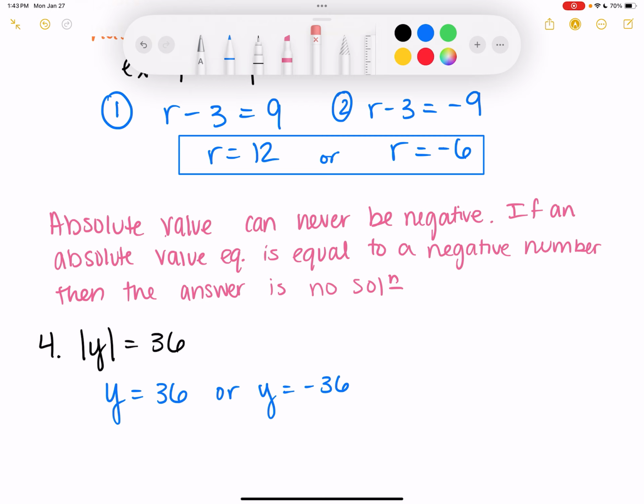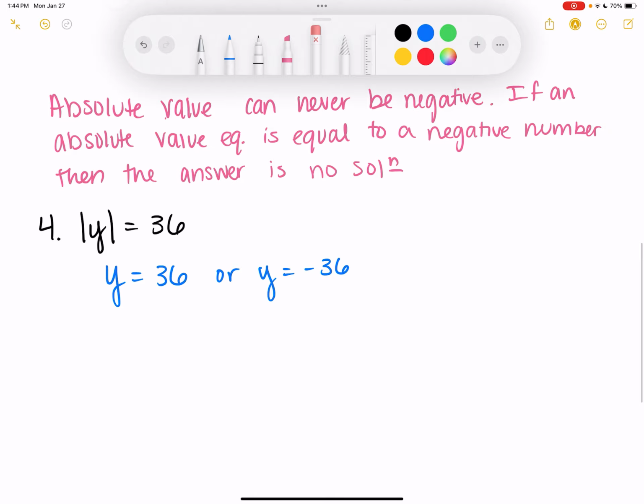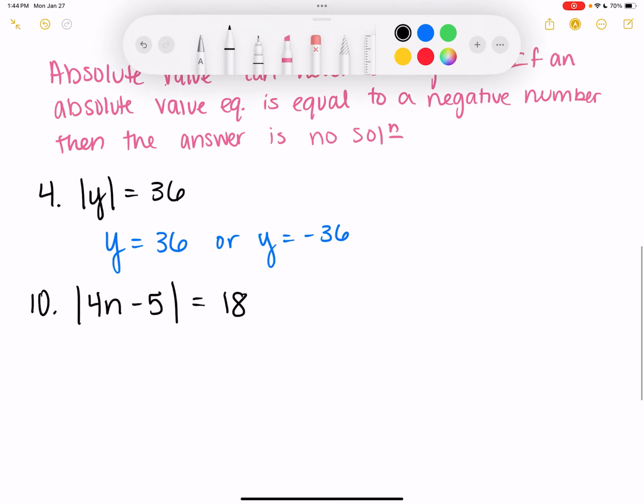Now, let's get into some that actually have stuff involved with them. Number 10, the absolute value of 4n minus 5 equals 18. The first thing, always make sure whatever this is equal to is positive before you start doing anything else with it.